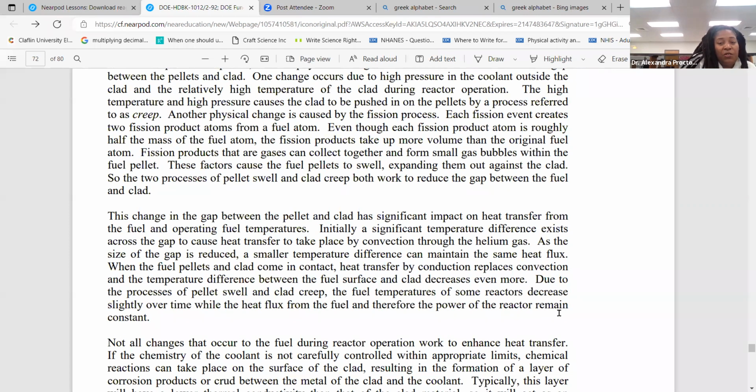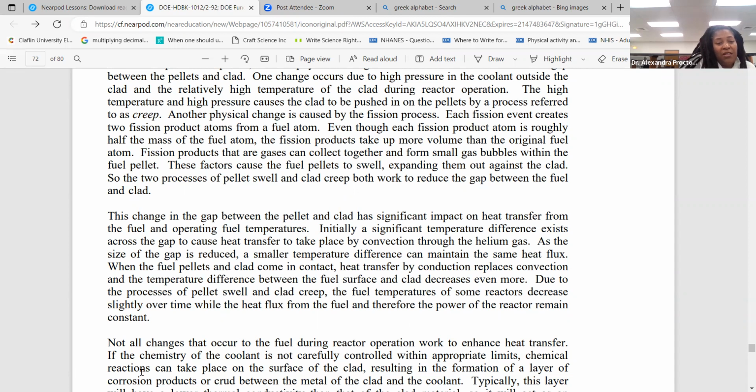The fuel temperatures of some reactors decrease slightly over time, while heat flux from the fuel, and therefore power, remain constant. So not all changes that occur in the fuel during reactor operation work to enhance heat transfer.